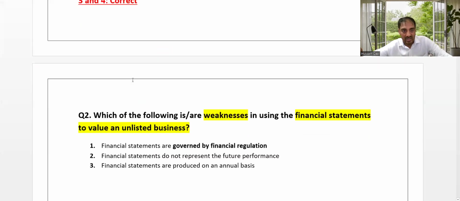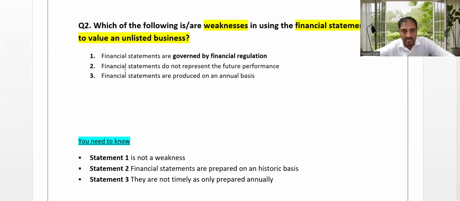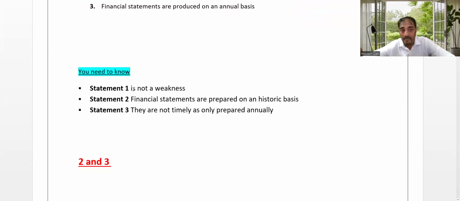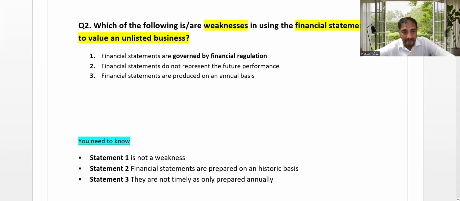So that is what you need to know. Statement number 1 is not a weakness. Statement number 2, financial statements are prepared on a historic basis. Yes. And they are not timely as they are only prepared annually.